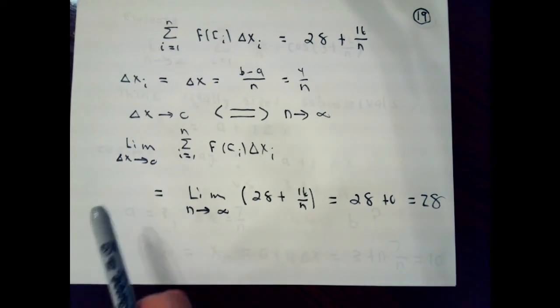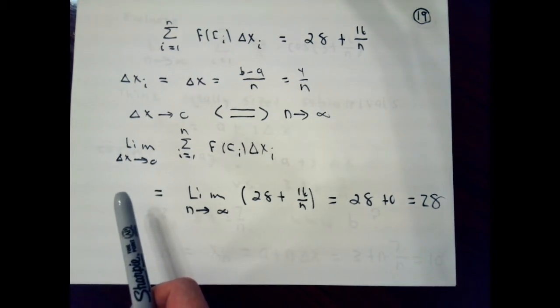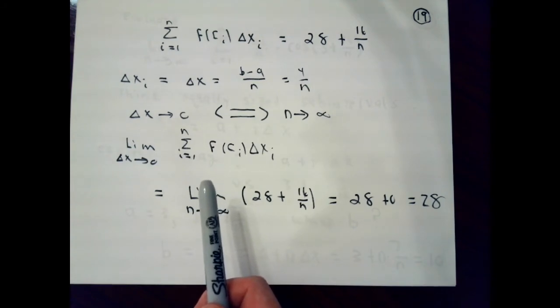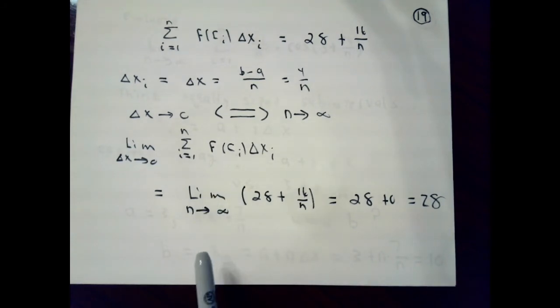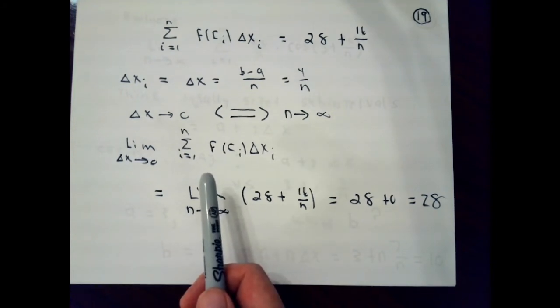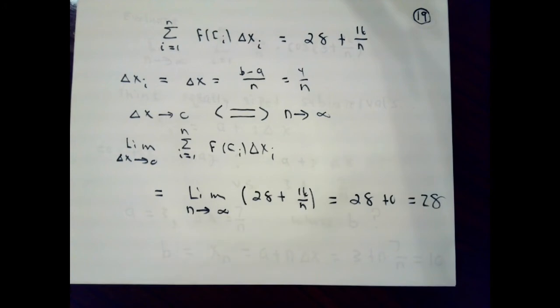So when I want to take the limit as delta x tends to 0 of these sums, that's the same thing as taking the limit as n tends to infinity of those sums. Those sums, of course, work out to be 28 plus 16 over n. This is a sum of two numbers, one of which is a constant. The other one depends on n.